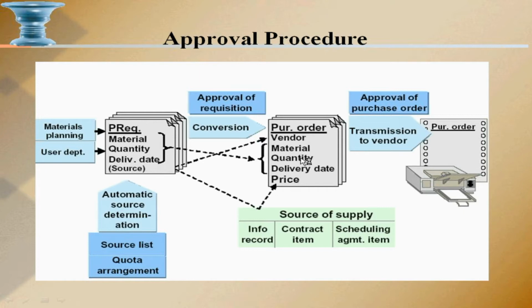Similarly, if you set up a release procedure on the purchase order, unless all the approvals are completed, you will not be able to transmit the purchase order to the supplier. So the key here is who are all the people to approve and whether they have approved it or not. Only when the document is approved completely will it be released for the next steps to be carried out on that particular document.